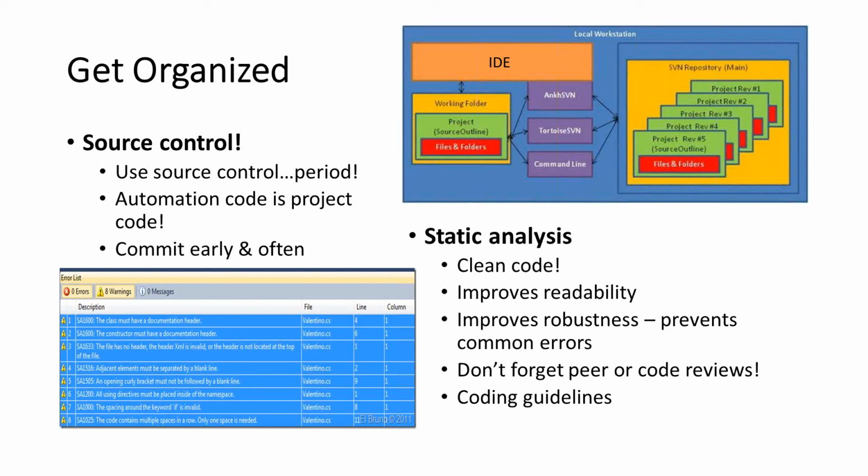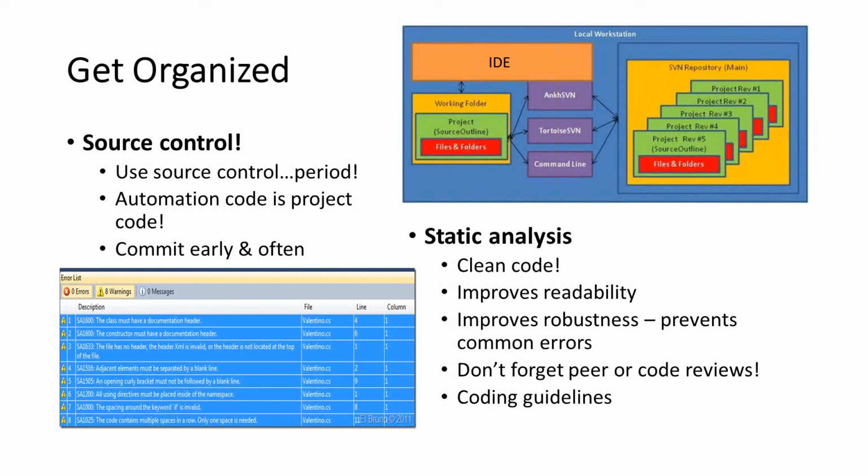And trust me, after looking at hundreds of thousands of lines of code from different groups, having some consistency in code is very, very important because it makes reviewability much easier. Going between different coding styles is almost like learning a different language, even though you're looking at the same programming language. Having consistent coding guidelines in your organization is also very important, and then doing peer reviews or code reviews prior to check-in.